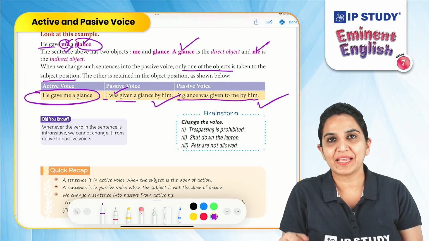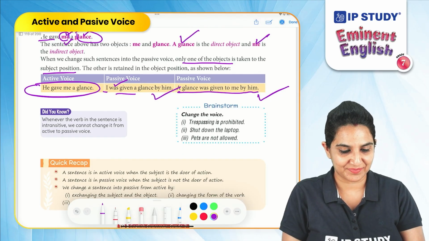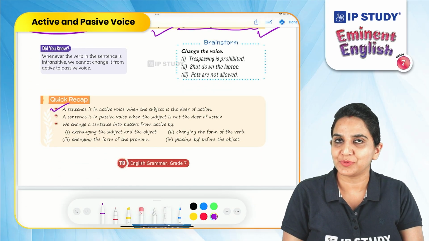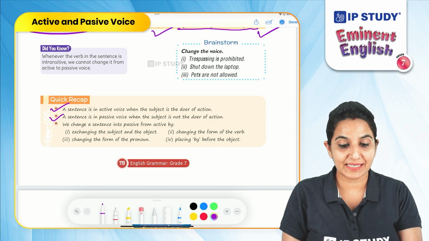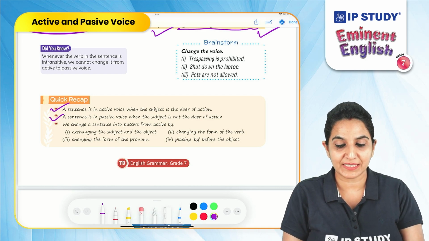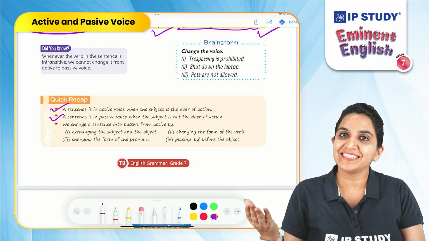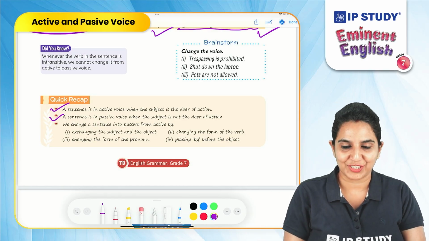Let us do a quick recap before we end this lesson. A sentence is in active voice when the subject is the doer of the action. A sentence is in passive voice when the subject is not the doer of the action, when the subject is the receiver of the action.